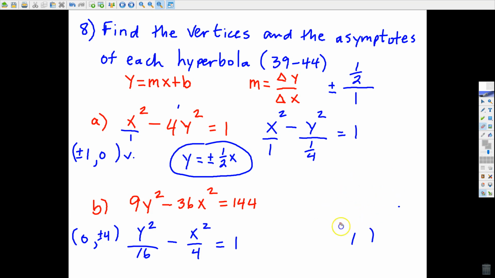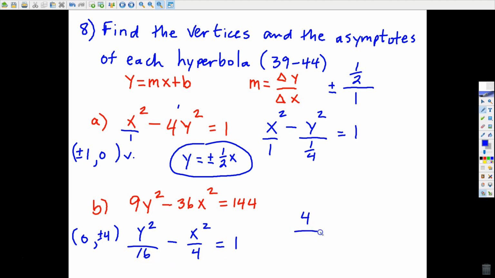Okay, with that said, now let's see if we can find the equations. It's really two because one has a positive slope, one negative. What would be the equations for the asymptote lines? Remember, keep it straight, y over x. You take the denominator for the y squared, the square root of that, and put it on top.